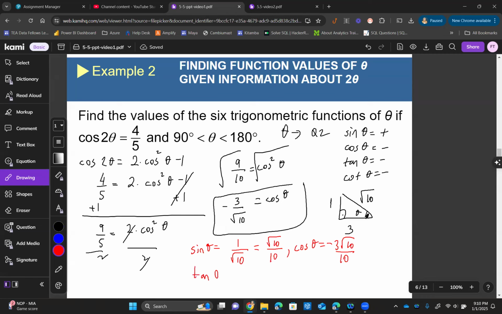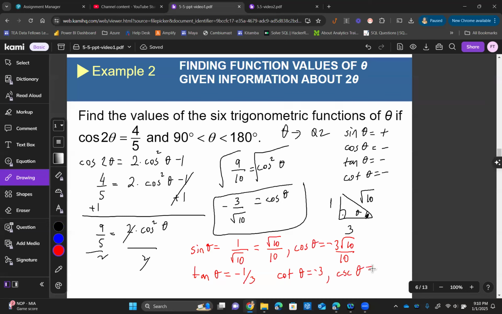Tangent of theta will be opposite over adjacent, which is 1/3. And we said that tangent must be a negative value. Cotangent of theta is adjacent over opposite, so it's going to be 3 over 1, which is basically 3, the reciprocal of this number, but that one will also be a negative number.